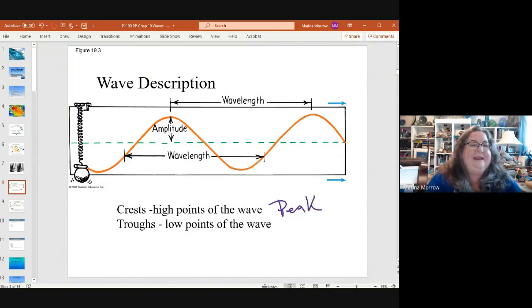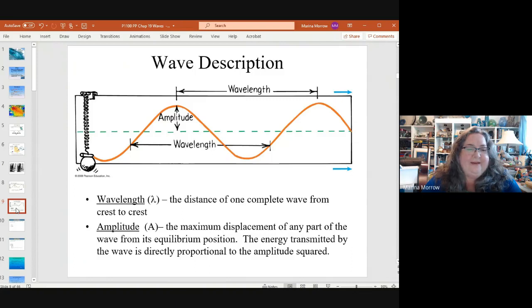And the wavelength can be measured between two peaks or two troughs that are consecutive, or it can be measured from anywhere along the wave, as long as you start with the wave motion, for instance, going up here like this, as long as you get to that same point on the next wave.